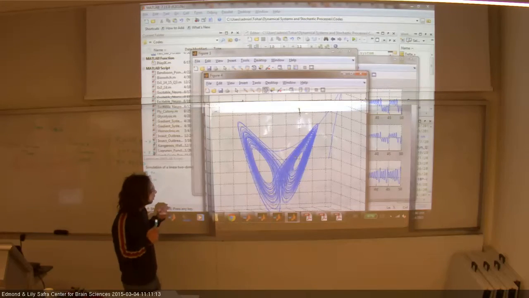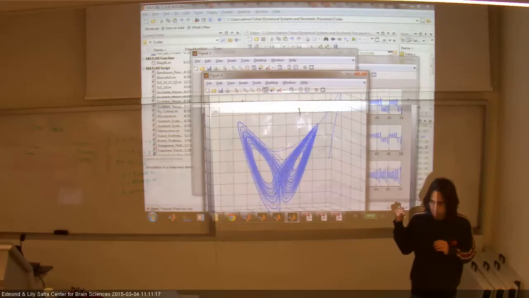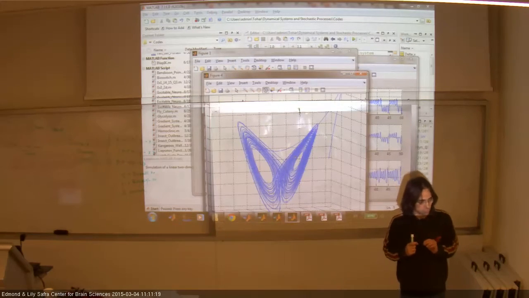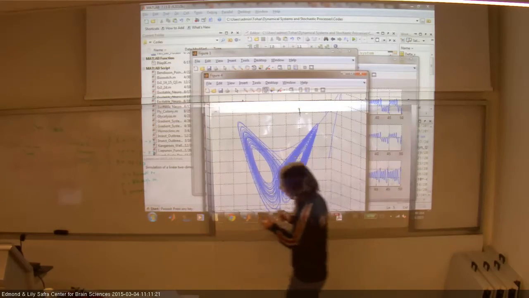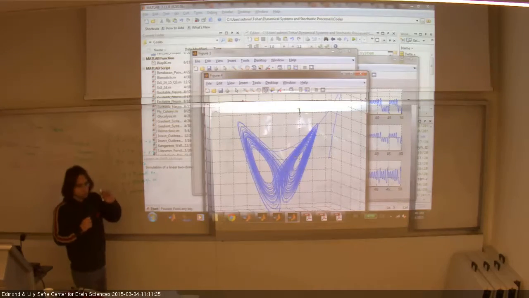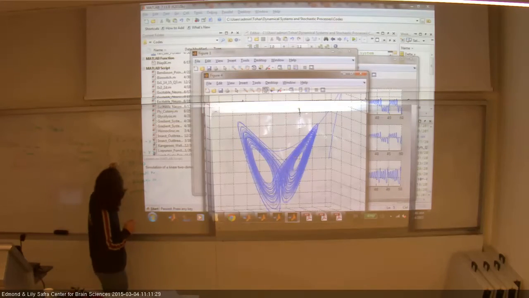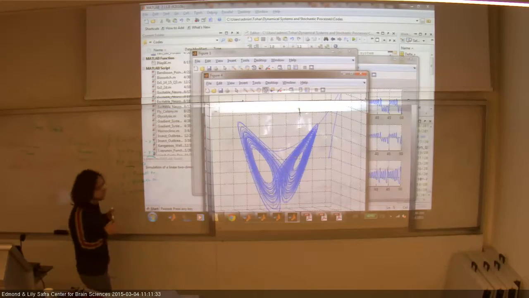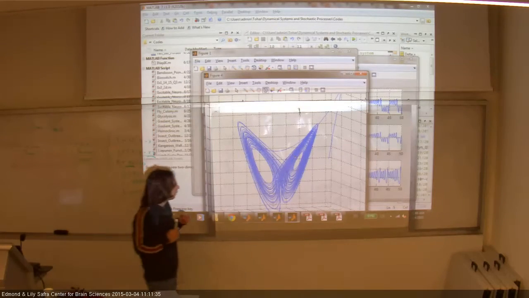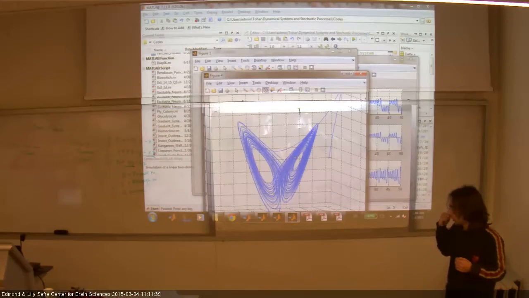Now remember that our system is deterministic. There is no noise in the system. All the special properties here arise from the fact that it's nonlinear. So you see, here we have a nonlinear term, and here we have a nonlinear term. So the nonlinearities in 3 dimensions give us this thing.